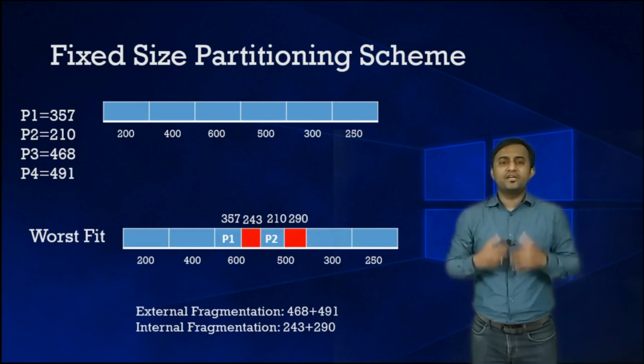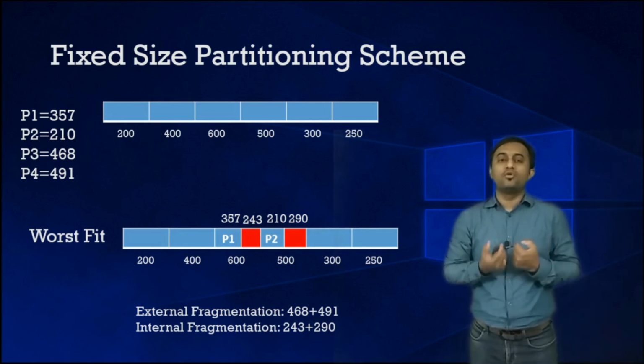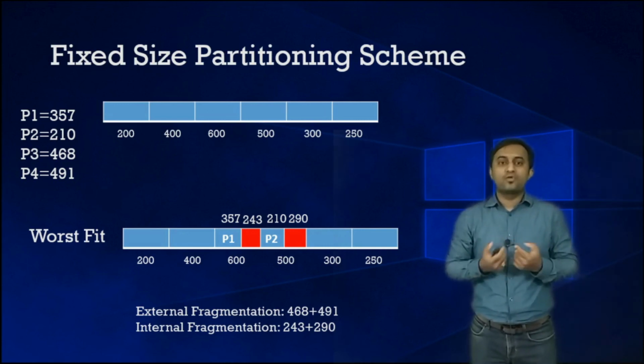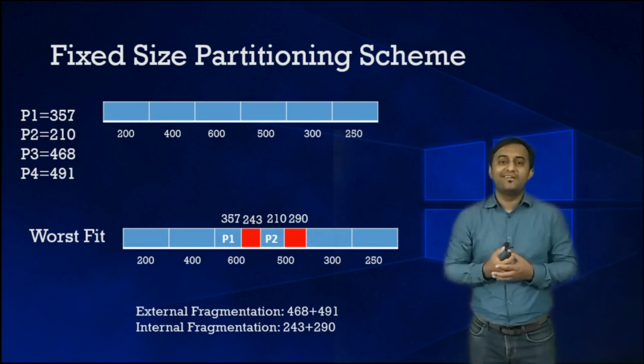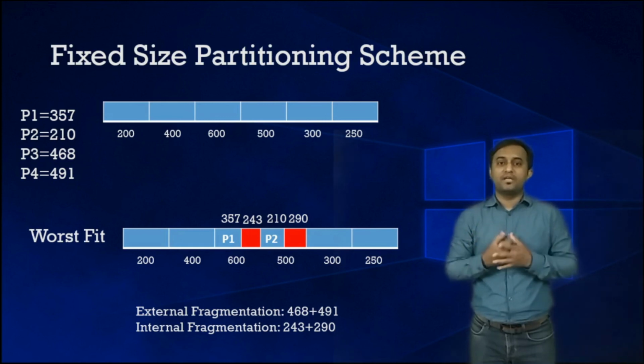Okay. Is there any internal fragmentation? Yes, obviously. A large size of internal fragmentation as compared to first fit and best fit algorithm, which is nothing but 243 plus 290. This is the internal fragmentation. So in this case, what is the conclusion as far as the worst fit algorithm is concerned?